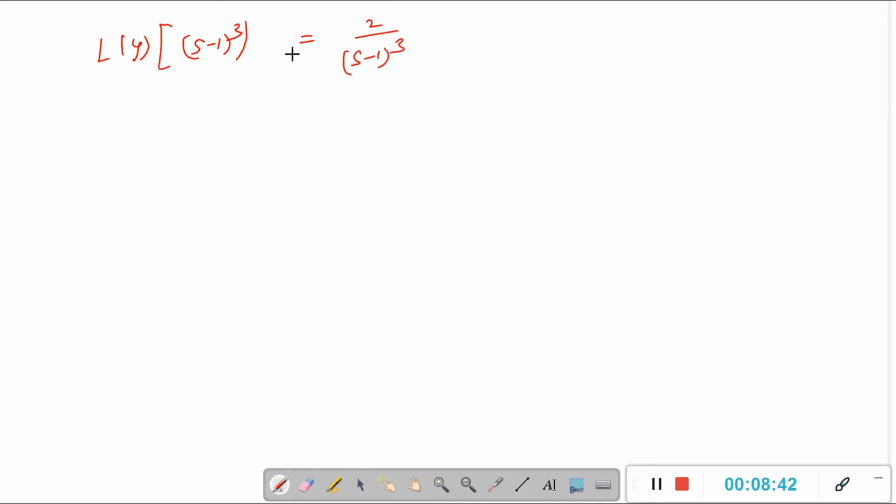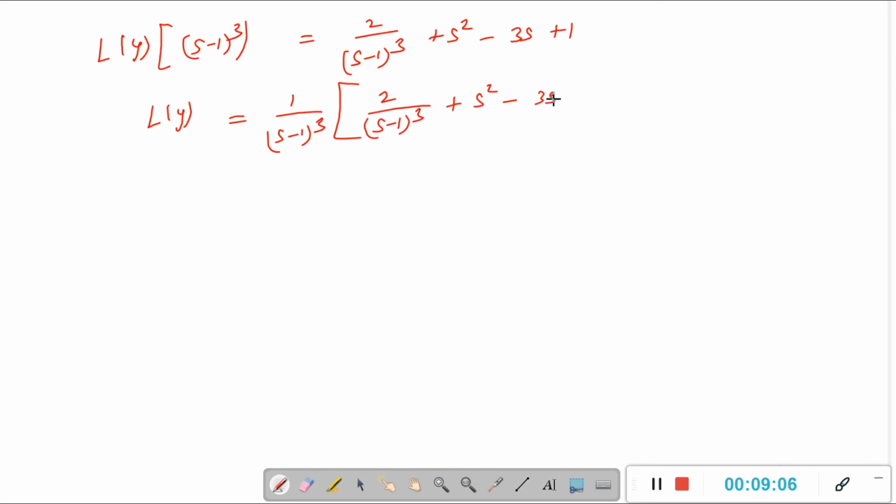If you shift the remaining term to the right hand side, you may get s square minus 3s plus 1. So L of y equal to, if you divide, you may get 1 by s minus 1 whole power 3 into 2 by s minus 1 whole power 3 plus s square minus 3s plus 1.